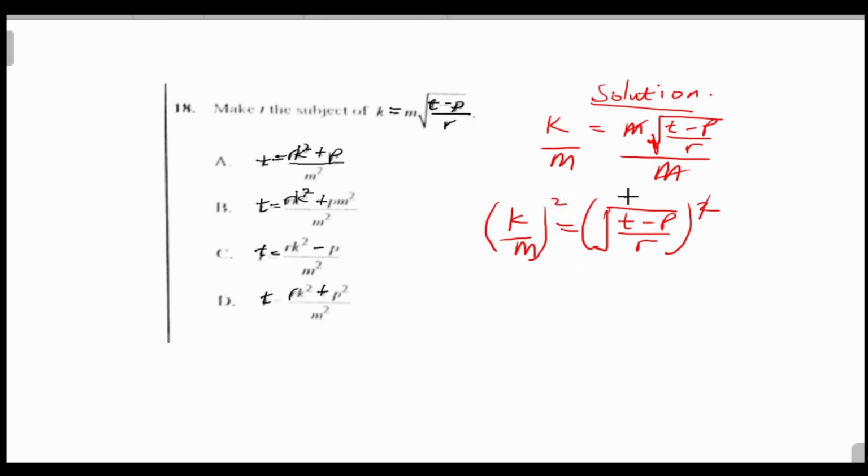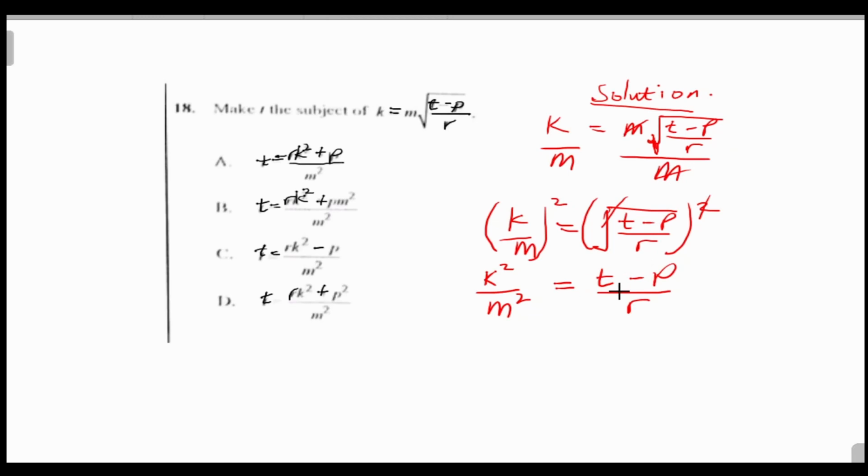The square cancels the square root, and then using the laws of indices, each of these has to be squared because the square is affecting both of them. So we have k squared over m squared equal to, the root is gone, t minus p all over r.